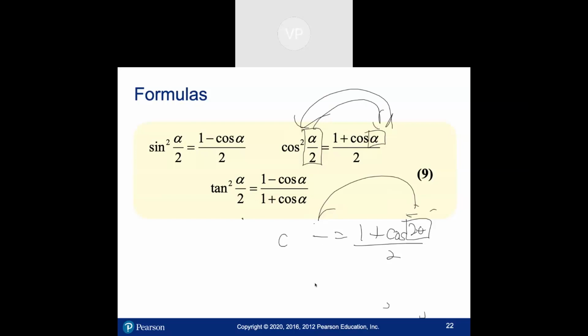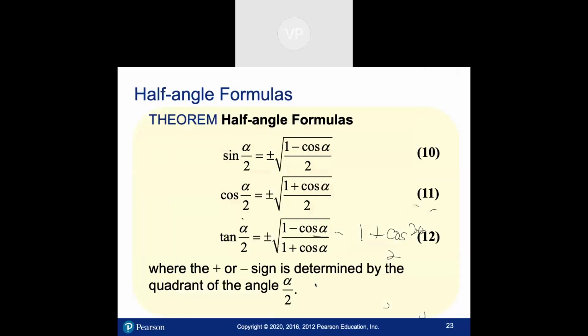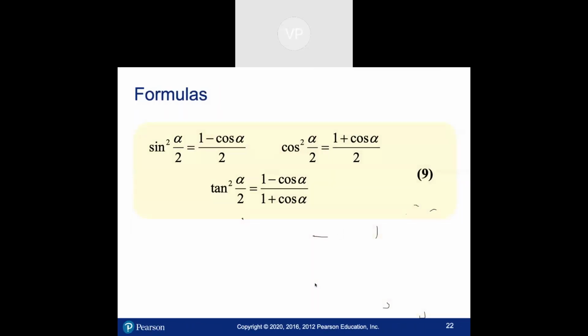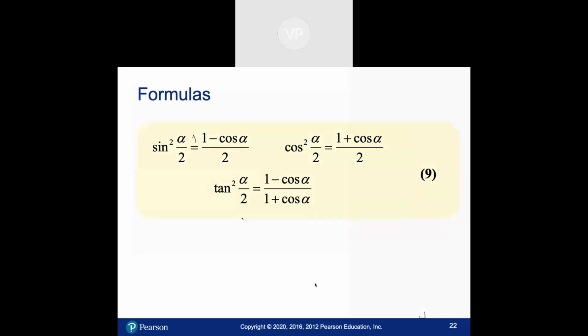But there's a reason they're doing this, and it's where this next slide is. We want to solve for these two right here, which are based on the ones we already had. We're going to square root both sides. When you square root this side, the square cancels with the square root, and of course, you need to have your little plus or minus in front of the other side.